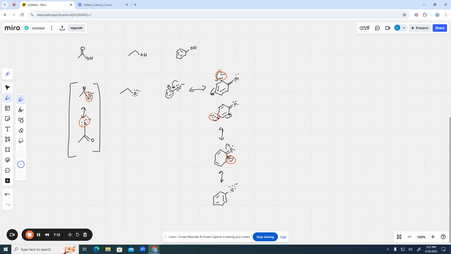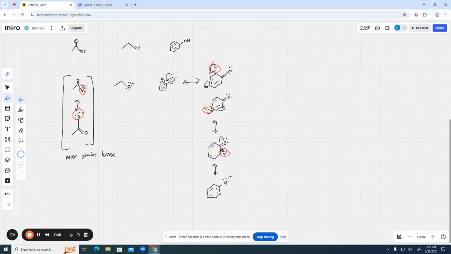So that tells you the one on the left, that conjugate base is more stable than the conjugate base on the right, because the electrons are distributed between two electronegative atoms like oxygen, as opposed to these on carbon. So that lets us know it's a very stable base. So this one is the most stable base.